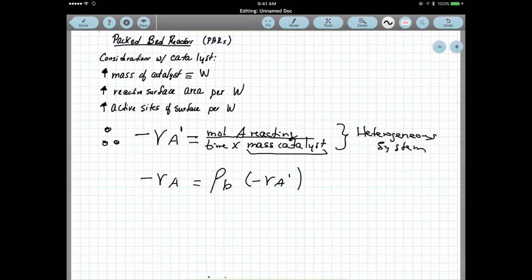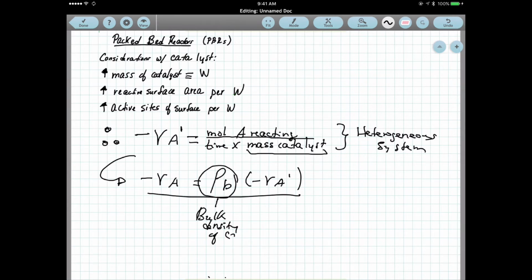So we can define the rate of reaction for a heterogeneous system as the moles of A reacting over the time times the mass of the catalyst. We can also see right here that we can get the regular rate by just multiplying the heterogeneous rate by the bulk density of the catalyst.